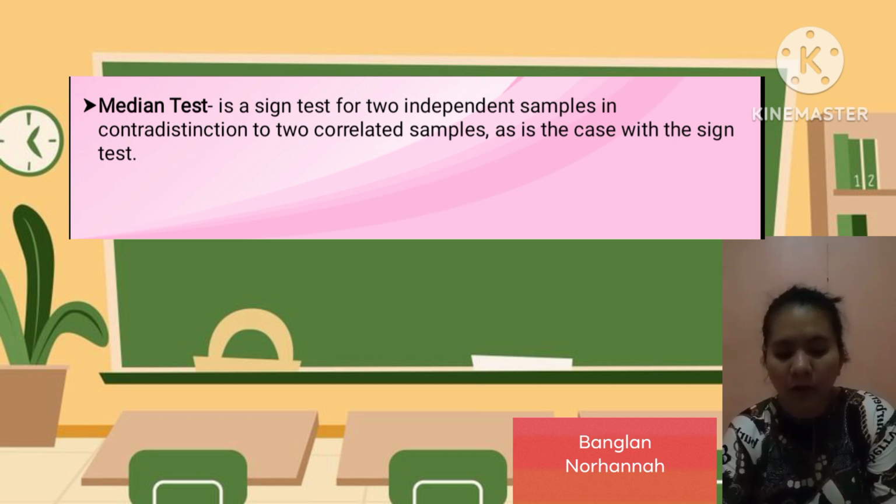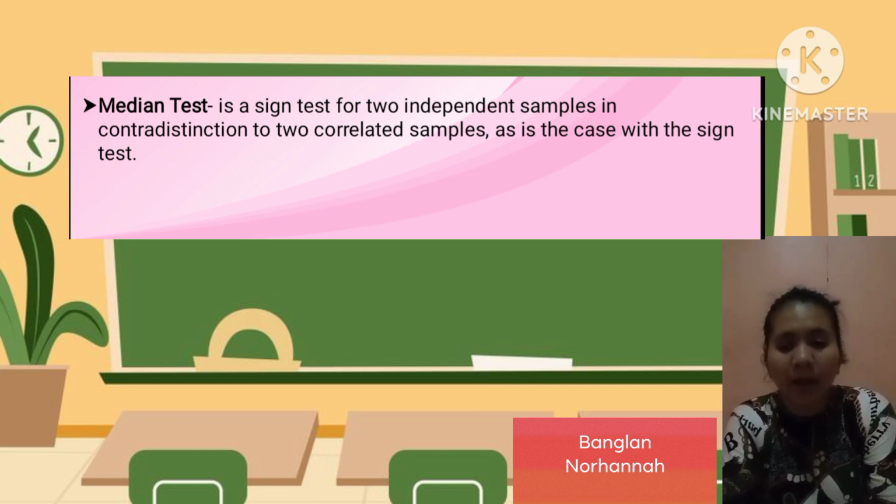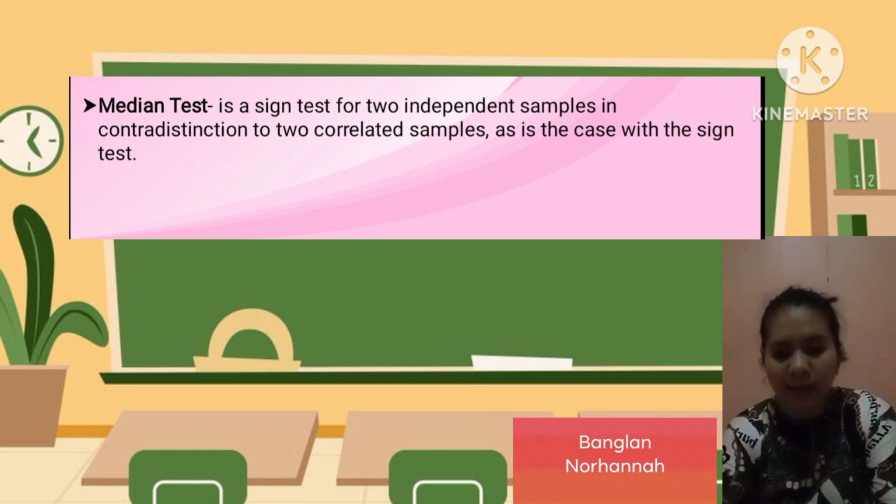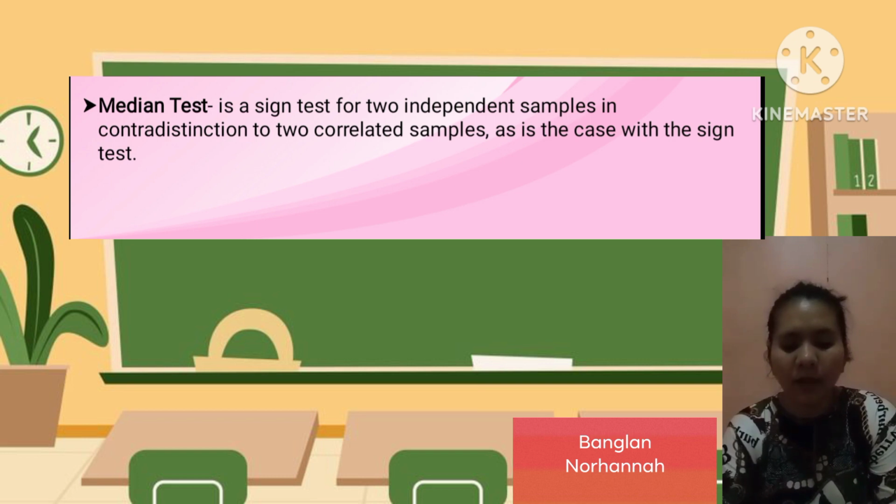Fourth, count the number of observations in each group for each sample. Fifth, use a chi-square test to compare the observed frequencies in each group with the expected frequencies under the assumption of equal medians. And lastly, if the test statistic is significant, it indicates that the medians of the samples are significantly different.